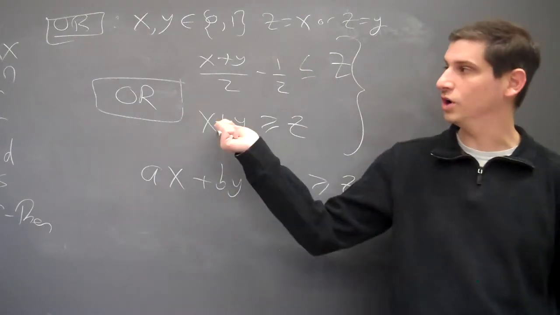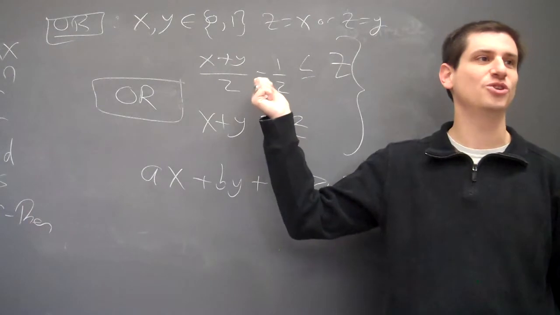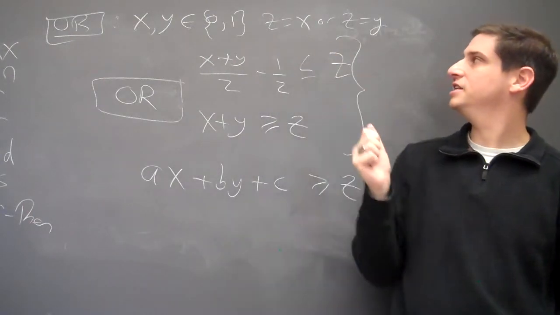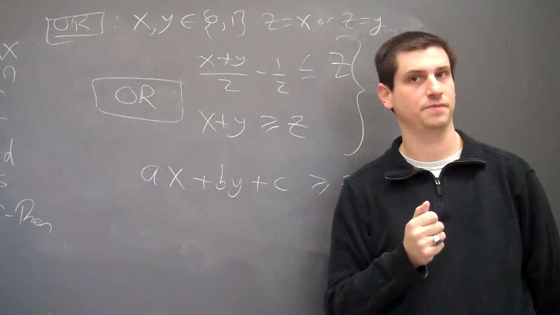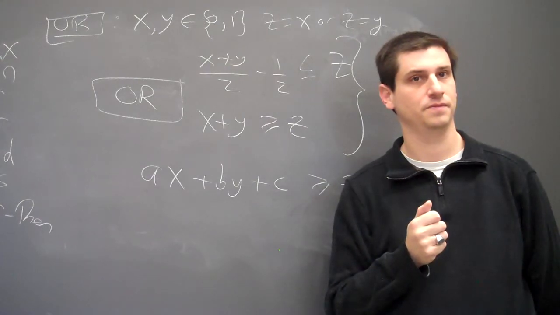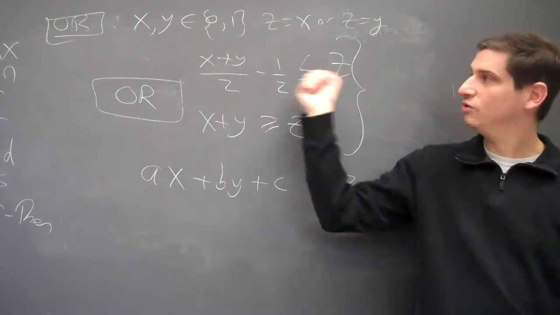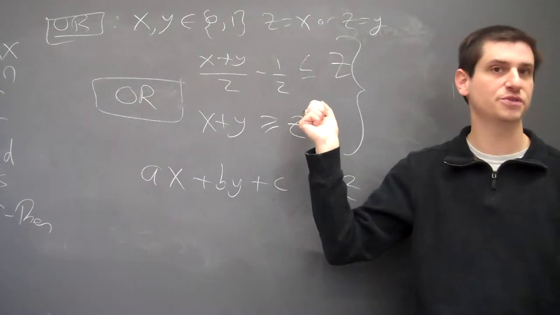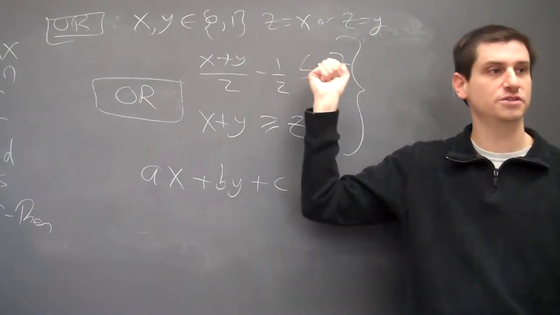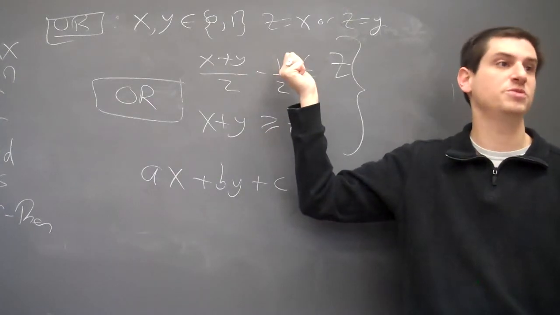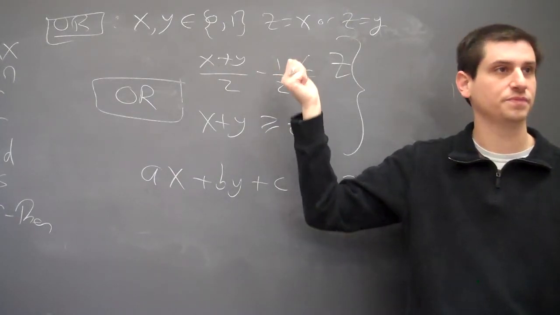Alright, so this gives us OR. XOR is either z equals x or z equals y, but not both. Now you would not really phrase it exactly like this, because of course, if my x and y are 0, 1 random variables, well, it's possible they could both take on the same value.